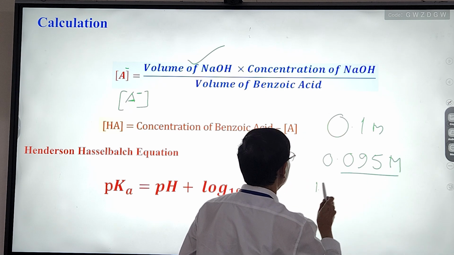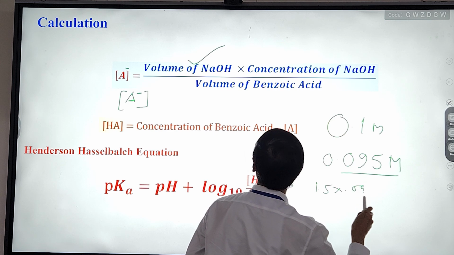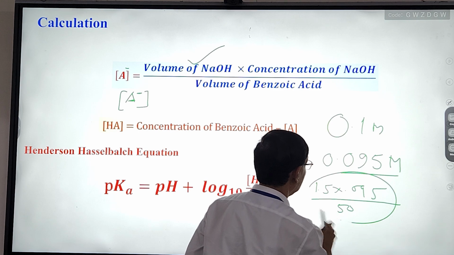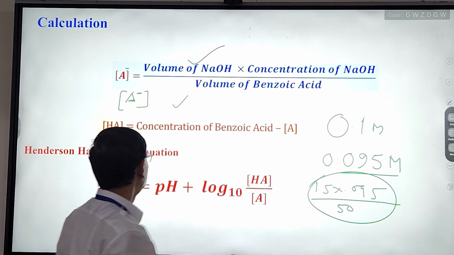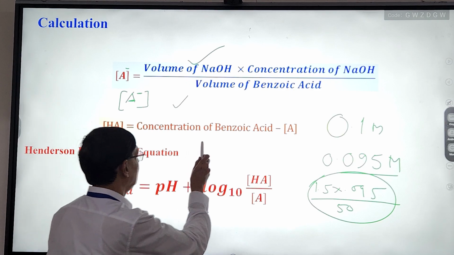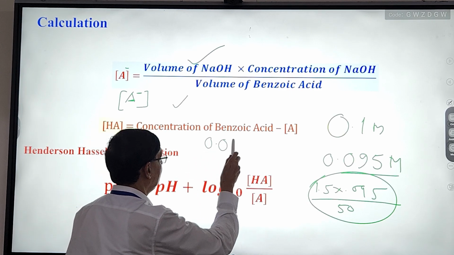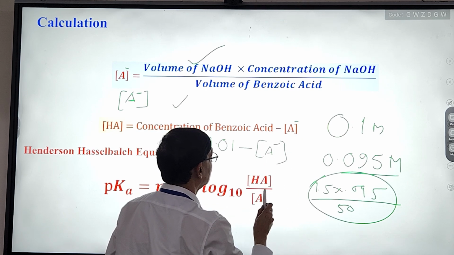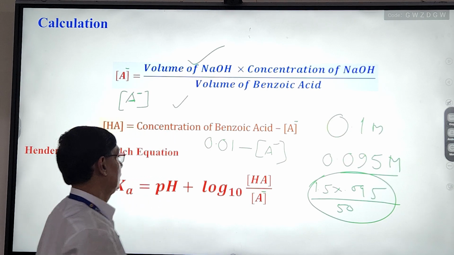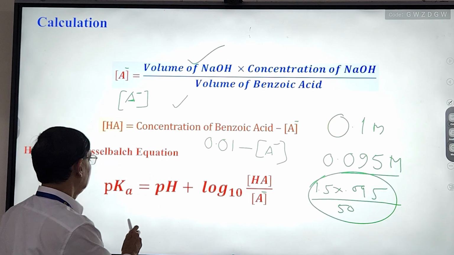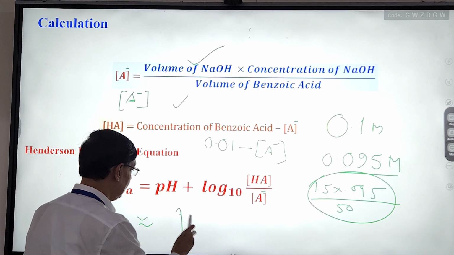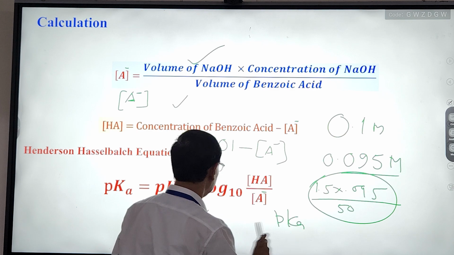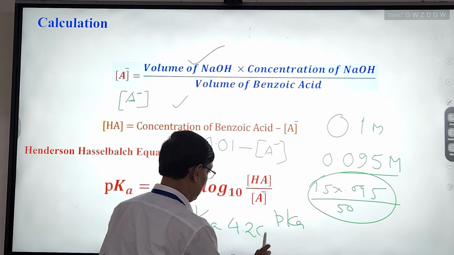So 1.5 times 0.095, and the volume of benzoic acid, suppose it is 50. That will give the value of A negative. Once you get A negative, the concentration of benzoic acid, molarity 0.01 minus whatever the value of A negative. By that method we can also calculate, and then compare the pKa for graphical and theoretical. In some cases we are getting 4.20 approximately.